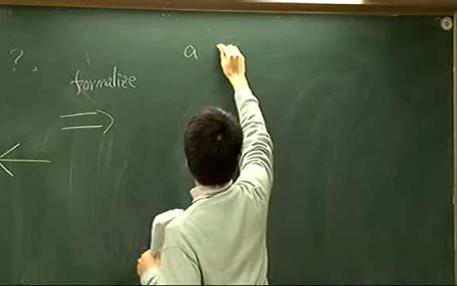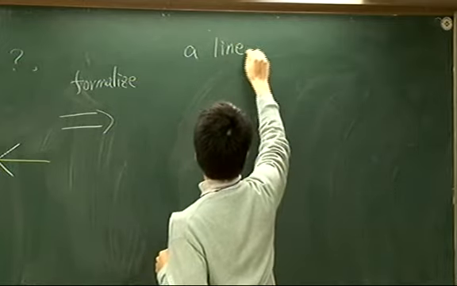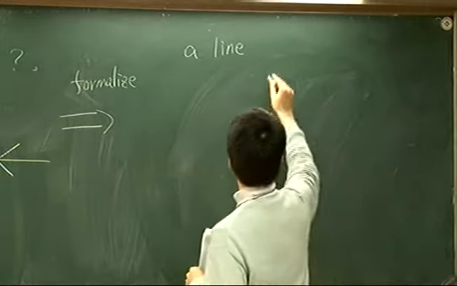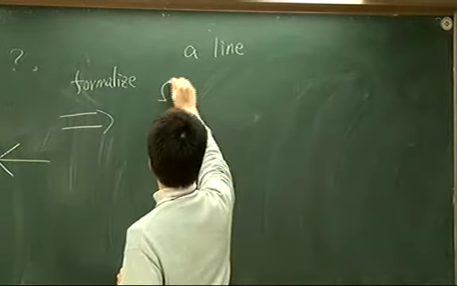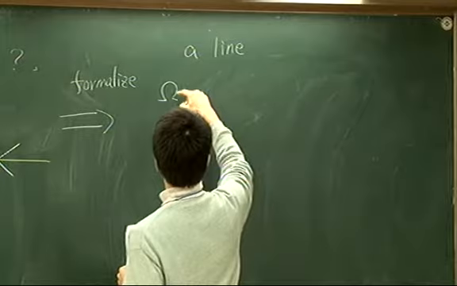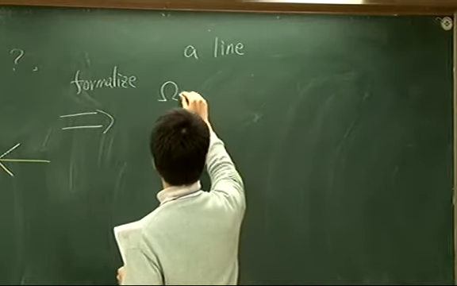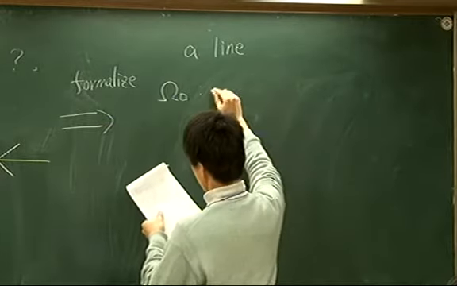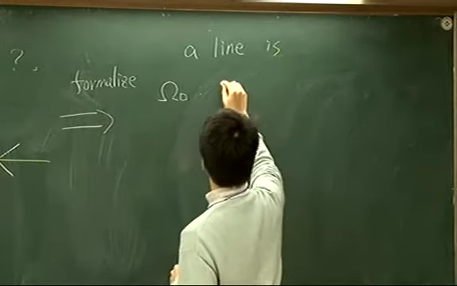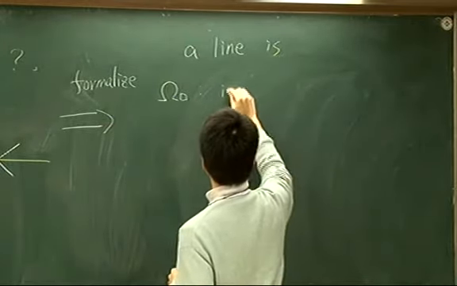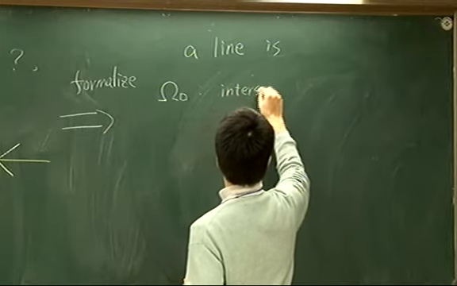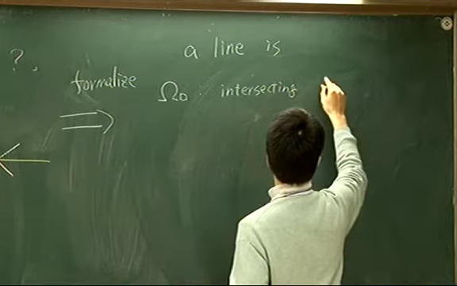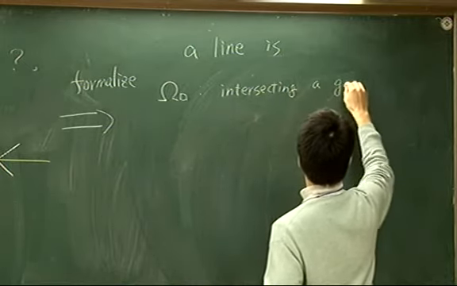We consider the following conditions on a line and denote them by some symbols. The first condition is that a line intersects a given line.